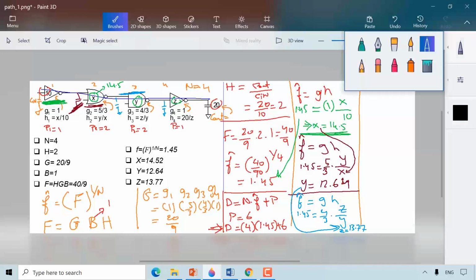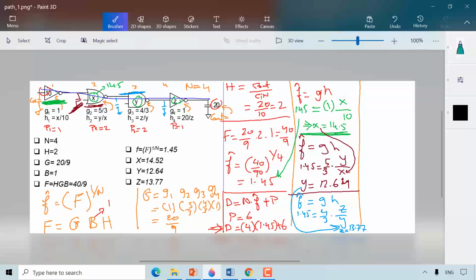Now notice I started from the path from this side all the way to this side. There is no harm, I can start the other way. In fact, it might be better for me in the assignment or the exam to start the opposite way, from the output to input.